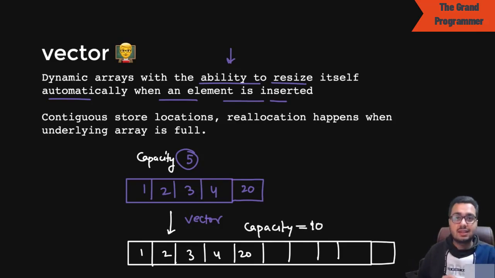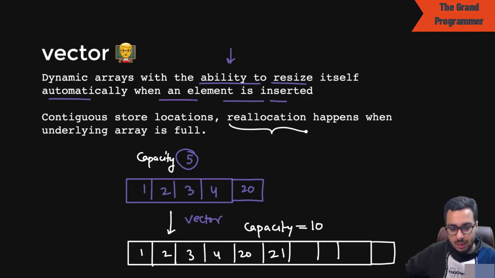That means it has doubled its capacity, and you want to insert a new element. Let's say you want to insert 21, so that 21 would be present here. Okay, so this vector has a concept of reallocation, which happens when the underlying array is full.